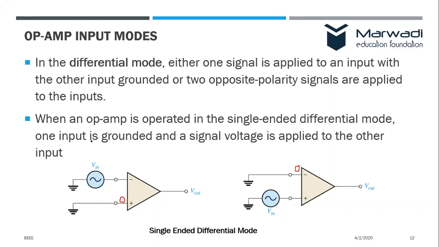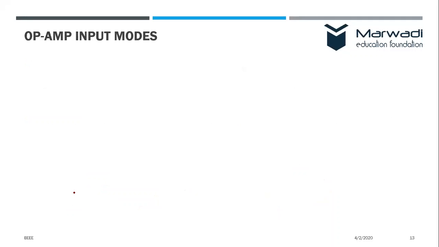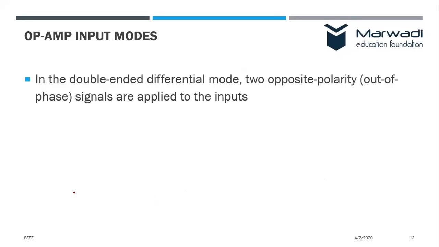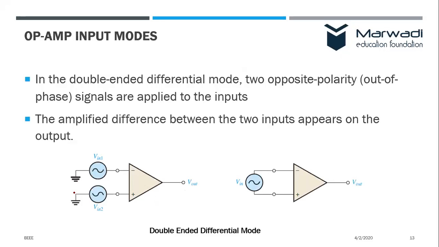When an op-amp is operated in single-ended differential mode, one input is grounded and the signal voltage is applied to the other input. Whereas in the double-ended differential mode, two opposite polarity, that is out of phase signals, are applied to the inputs, right? For example, see this. What is the meaning of out of phase?